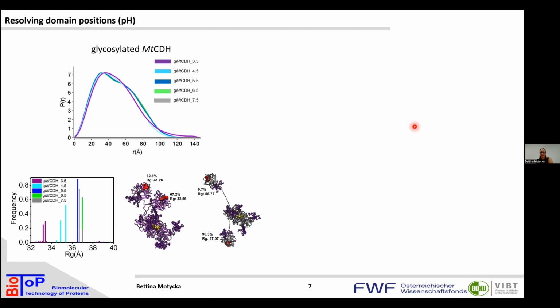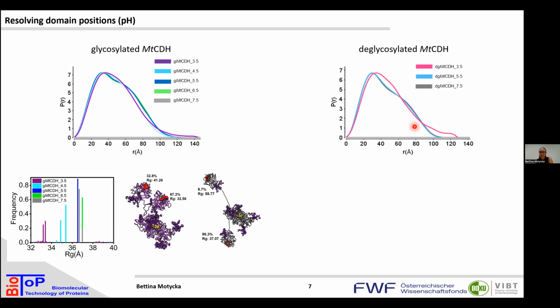And as I told you before, I did it with the native MtCDH, which was glycosylated. In the next step, to confirm and prove our data, we deglycosylated the enzyme and measured it again. And here you can see a similar trend: at lower pH I have kind of a Gaussian distribution, and at higher pH this shoulder appears.